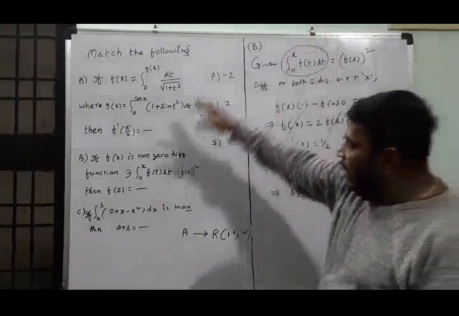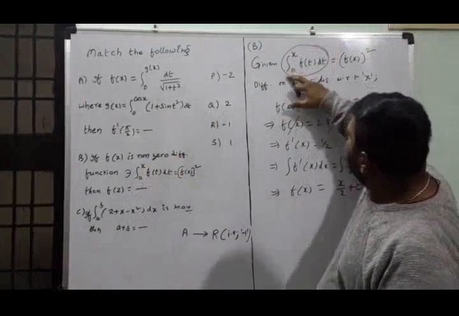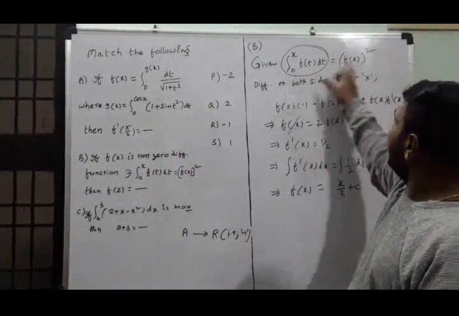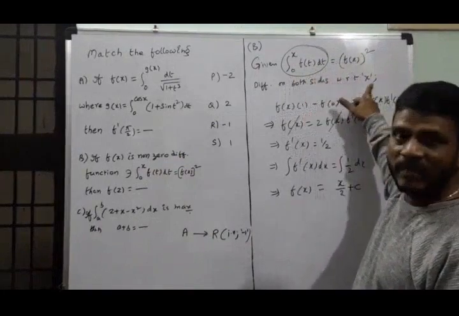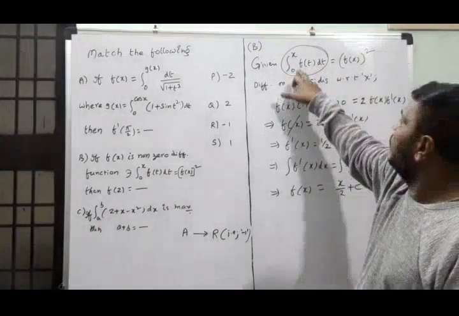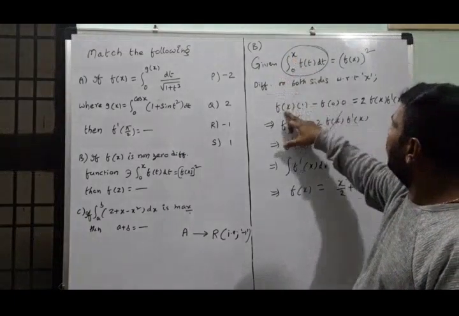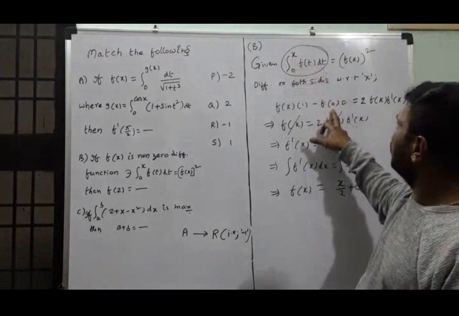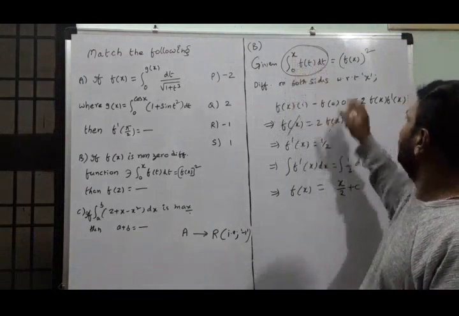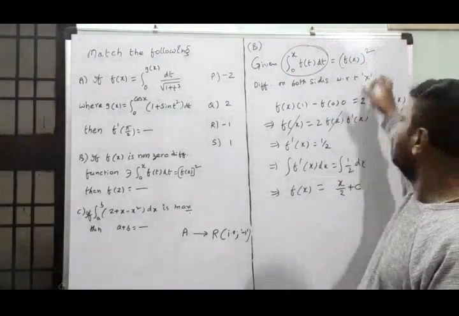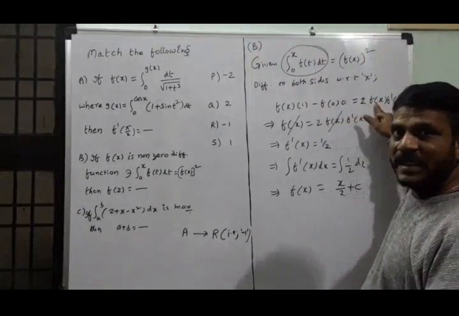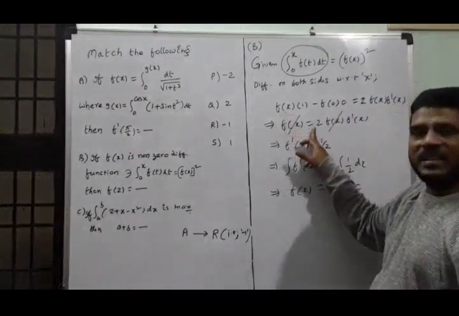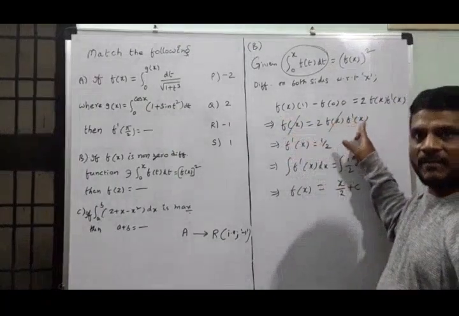Once again, take the given equation: integral 0 to x f(t) dt is equal to (f(x)) whole square. Now differentiating on both sides with respect to x, apply the Newton-Leibniz rule. Substitute upper limit f(x), upper limit derivative 1, minus substitute lower limit f(0) into 0 derivative 0, is equal to derivative of (f(x)) whole square, 2 into f(x) into f'(x). Next, f(x) is equal to 2 into f(x) into f'(x).